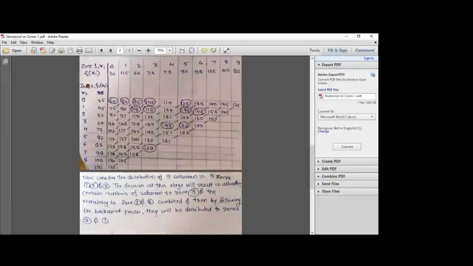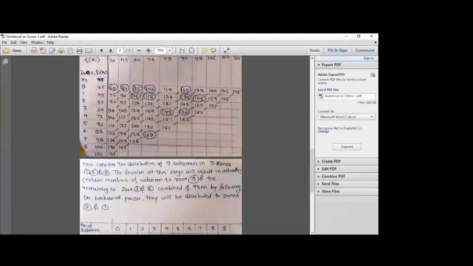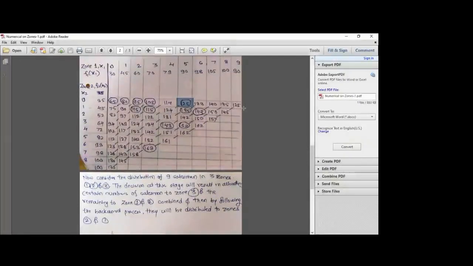So now what we have done is that we have circled the maximum values for every combination, right? So for 0 it is 65, for 1 it is 80, for 2 it is 95, for 4 it is 105, for 5 it is 115, for 6 it is 125.